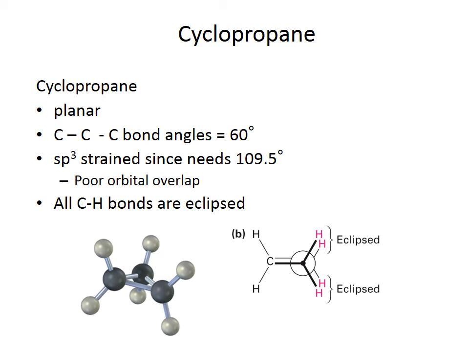So a cyclopropane not only has high ring strain, it also has eclipsed bonds that add torsional strain. If we put methyl groups on here, here, and here, they then would have steric strain. Plain cyclopropane has angle strain and torsional strain. Substituted cyclopropanes also have steric strain.